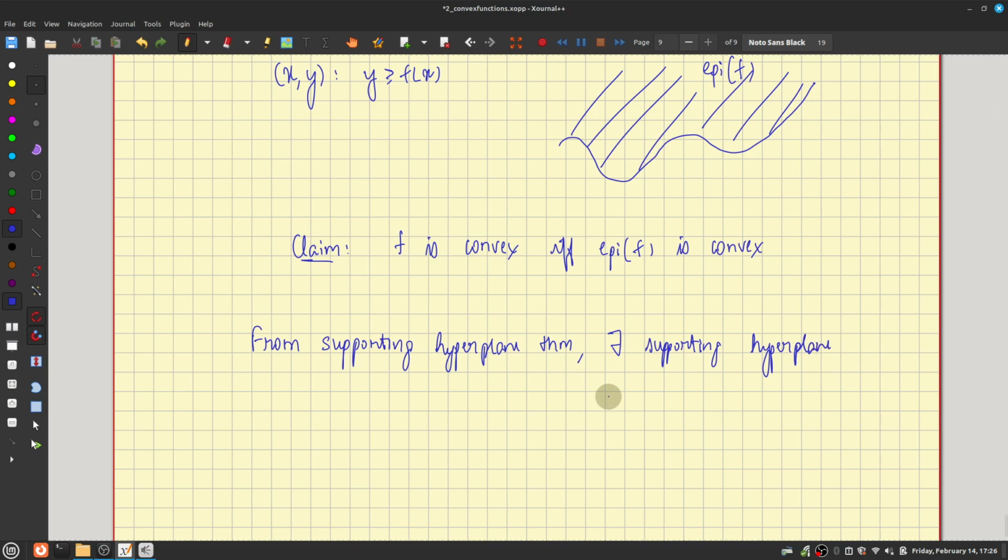Right, so there exists a supporting hyperplane H AB at every point on the boundary, or in other words, for every x.